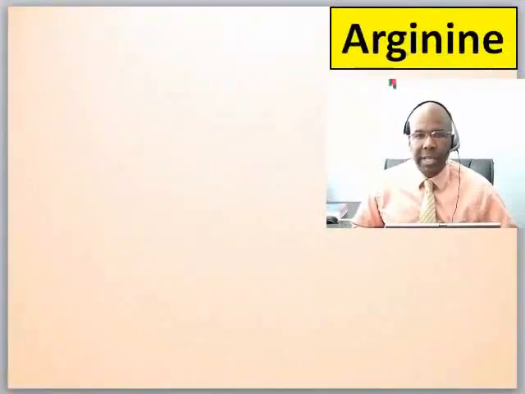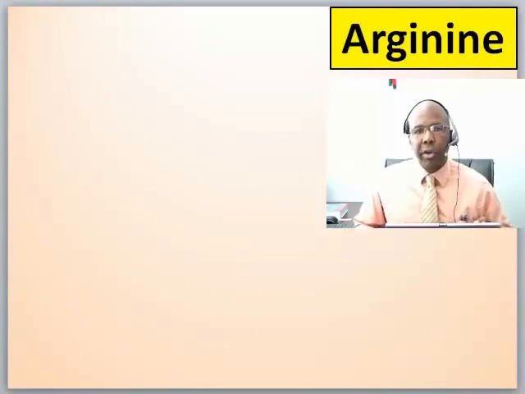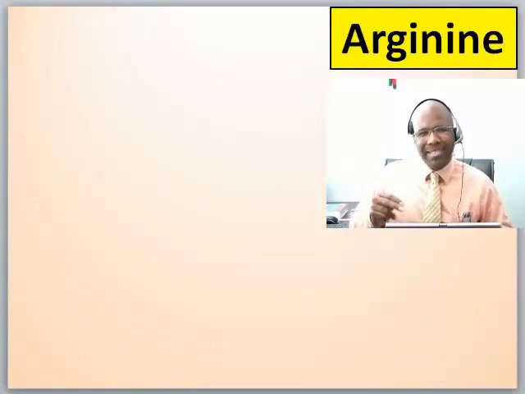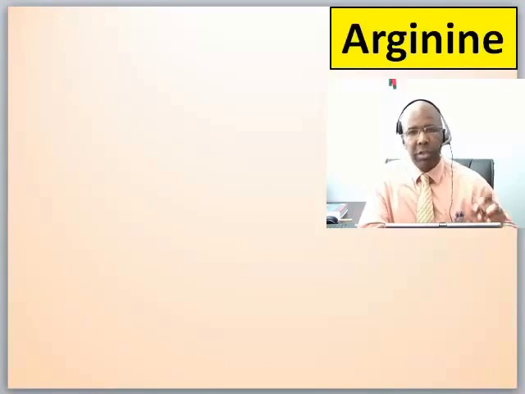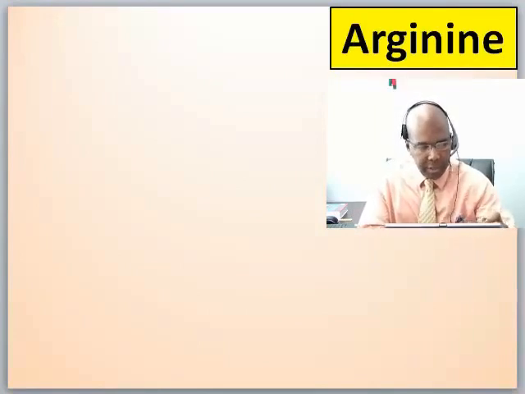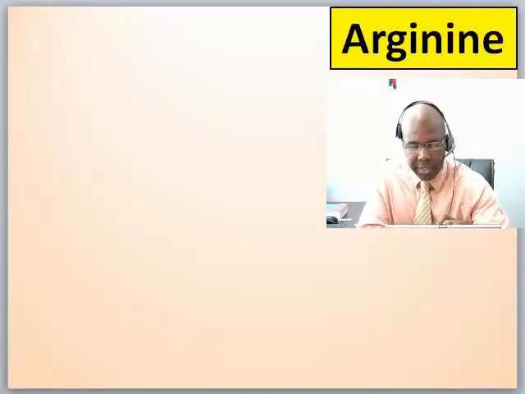The next amino acid is going to be the amino acid arginine. Now, the parent group for arginine has two chemicals, almost has two components to it. The first one is going to be guanidine. So let's draw the structure of guanidine.